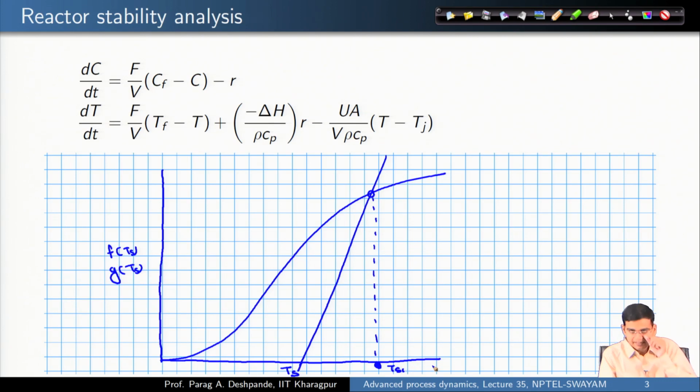The importance of this unique steady state is that it makes your life easy, because you know that I have set my feed temperature, I have set my feed concentration, I have set my temperature of the jacket. So, I will calculate and I can know what would be my steady state reaction mixture temperature, very simple.